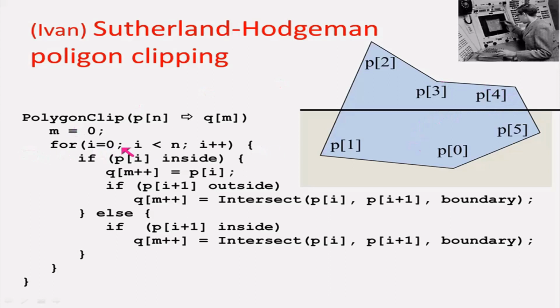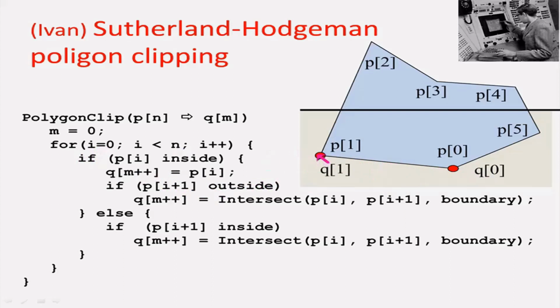So we visit vertices and edges one by one, test whether the starting point is in, and if it is in, it is added to the output array. And before we step to the next edge, we just check whether this edge has an intersection with the boundary. Since p_i was in, there is an intersection if p_i+1 is out. This is not the case here, so we just move to the next cycle.